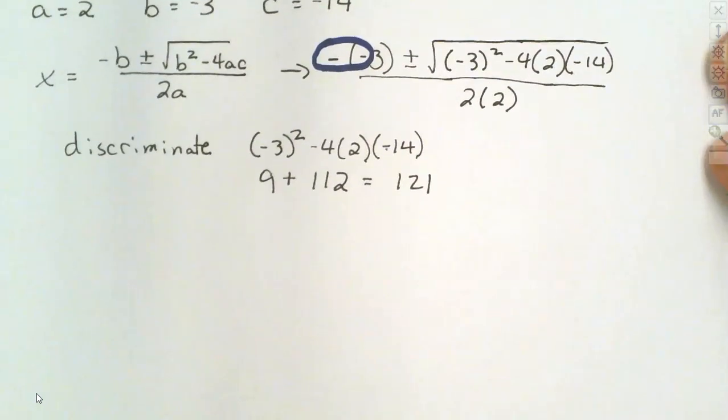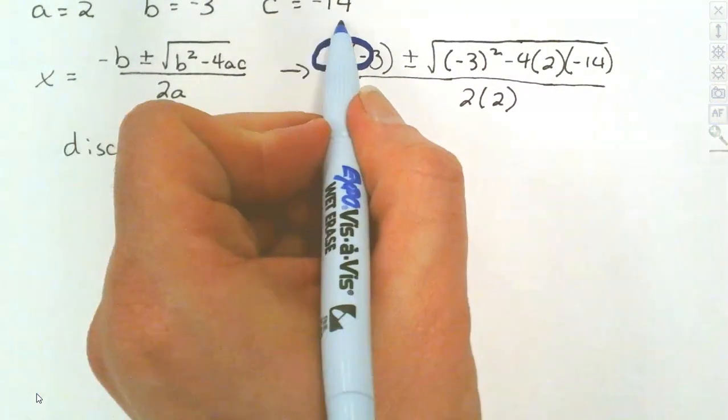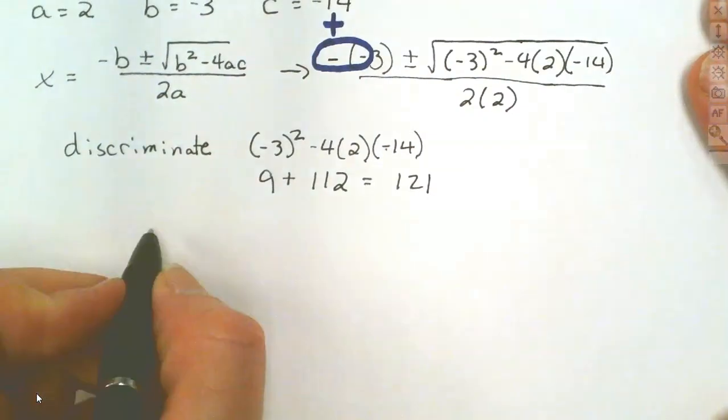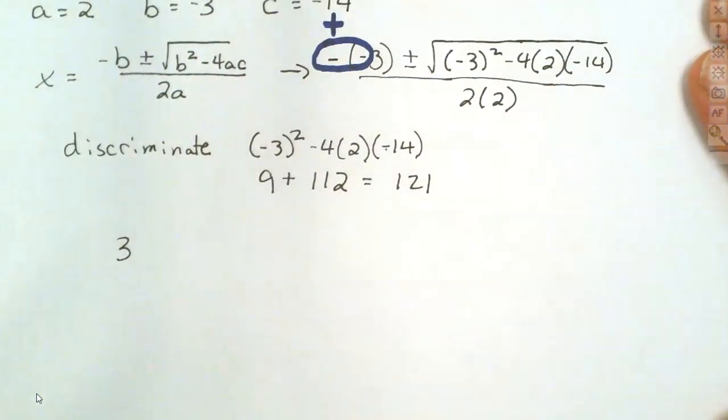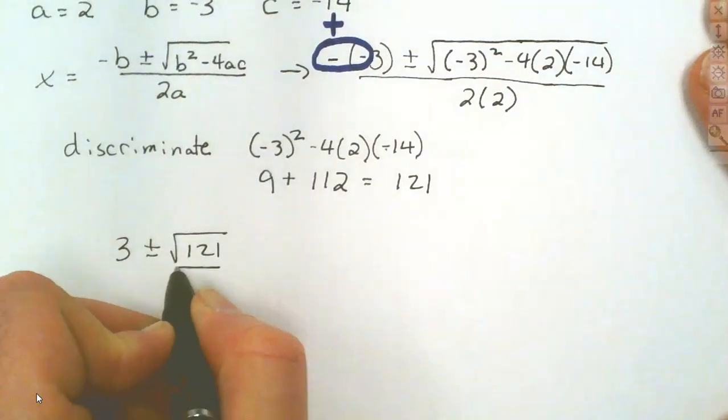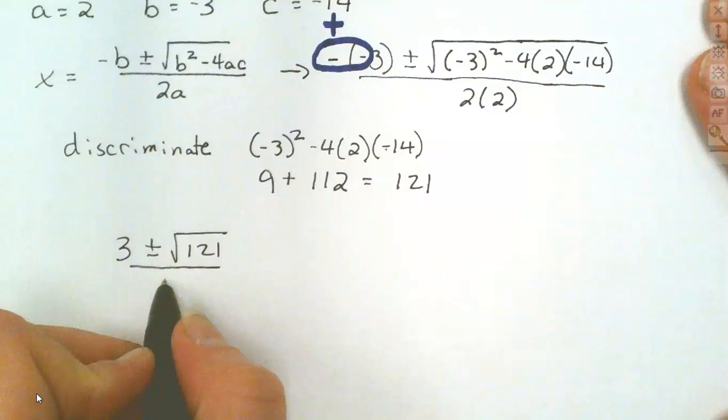Now rewrite this. Watch your signs. That double negative at that 3 is going to make that a positive. So now we've got 3 plus or minus the square root of 121 over 4.